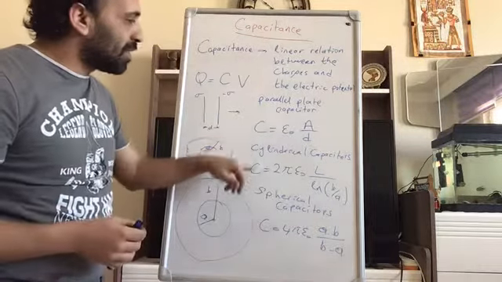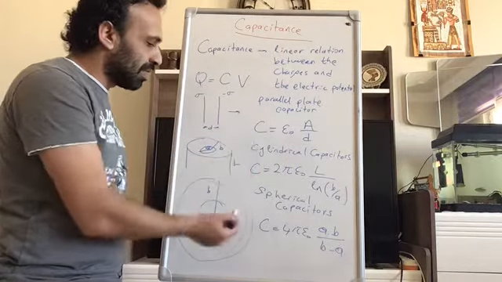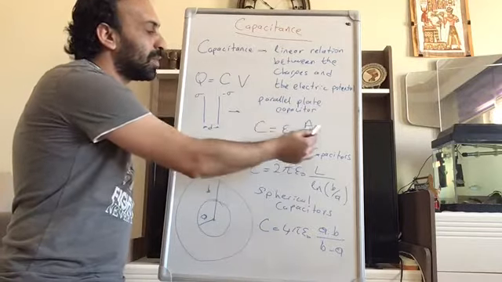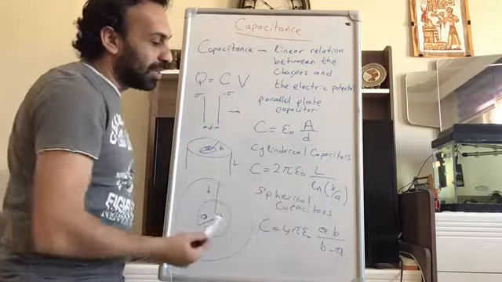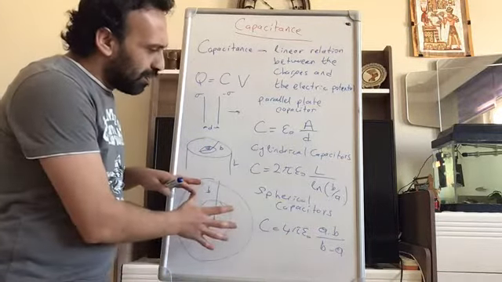And see, the capacitance for all types of capacitors like parallel plates, cylindrical or spherical capacitors is purely based on their geometry. This is for parallel plates, this is for cylindrical, and this is for spherical. Let's take a close look at the spherical capacitors.